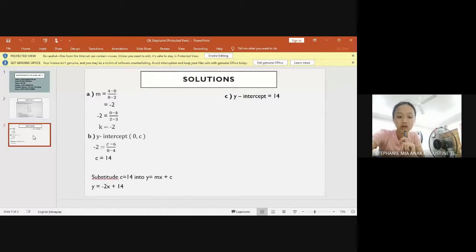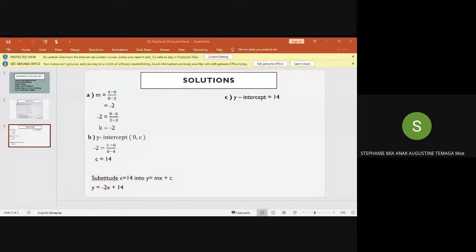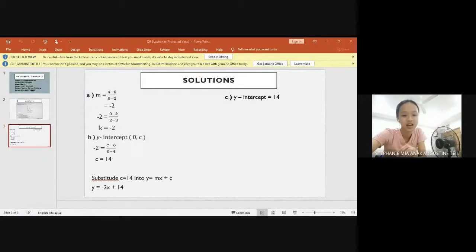Then, to find the k, we minus... k0 minus k over 2 minus 3 equal to negative 2, and k equal to negative 2.